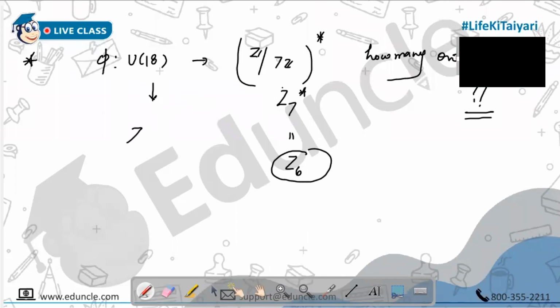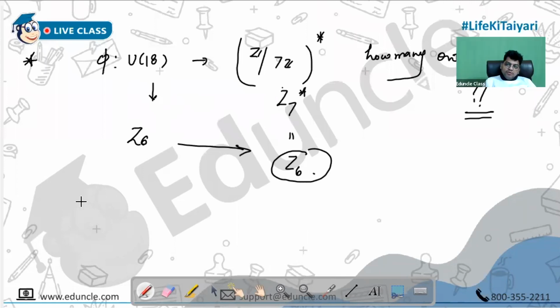So Z6 to Z6, how many homomorphism? 6. And how many onto? 2, 1 and 5. You can also say these are homomorphism.